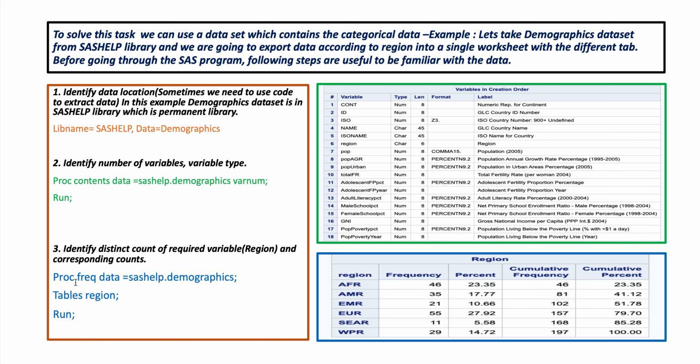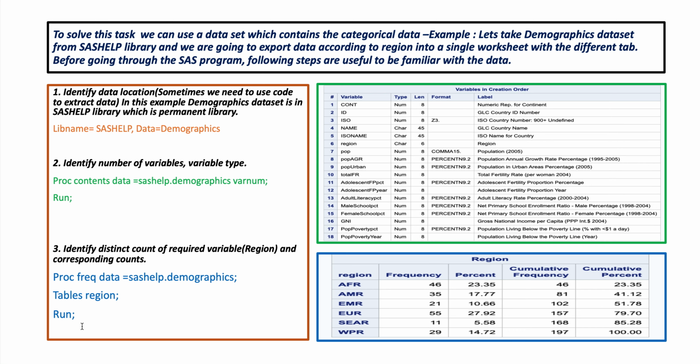Step 3, identify the distinct count of the required variable, that means the region, and the corresponding count. From step 2, we know that variable region is character. That's why to identify the number of distinct counts for the character variable, we use the PROC FREQ procedure. PROC FREQ data=SASHELP.demographics; table region; run;.